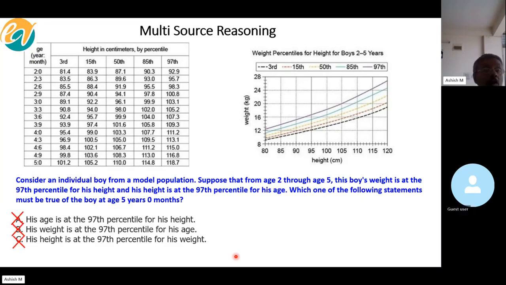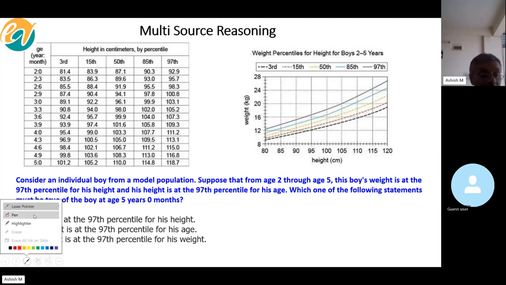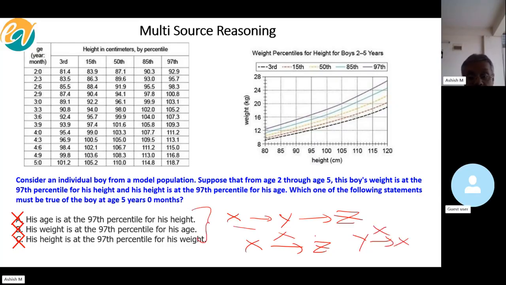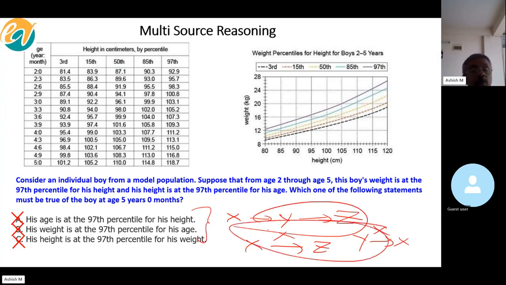So you cannot draw a correlation. If X is in the 97th percentile for Y, and Y is in the 97th percentile for Z, you cannot conclude that X is in the 97th percentile of Z. You cannot conclude that Y is in the 97th percentile of X. So all these correlations are not allowed when it comes to percentile, and all these would be incorrect conclusions from the data given to us.